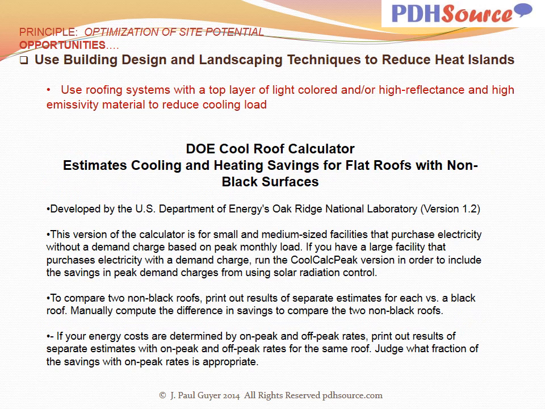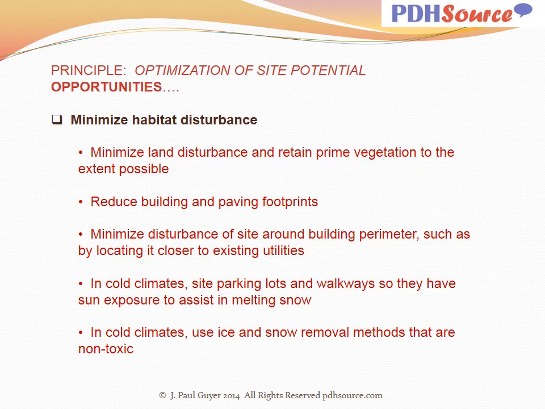The Department of Energy has something called a cool roof calculator for estimating cooling and heating savings for flat roofs, and by Googling around the Department of Energy's websites, you could find that. I'm almost certain you could download it for free.